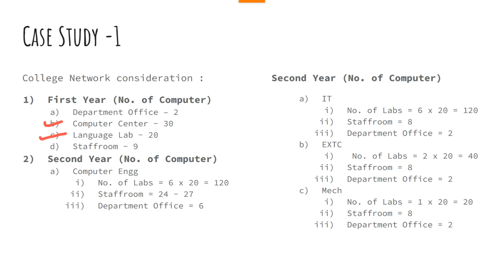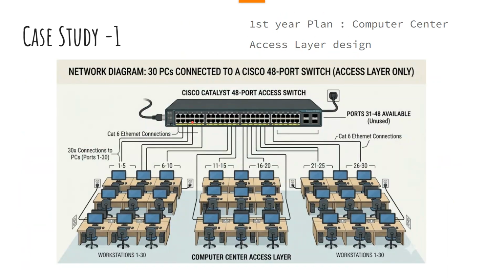But if this is a question that comes in the examination, it is going to be pretty difficult for each and every lab access layer design to be drawn. So as a sample you can choose one and draw the access layer network design for that. Here I have drawn it for the computer center with 30 machines. So let's have a look at that.